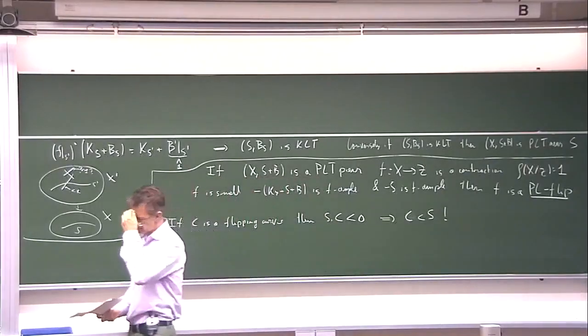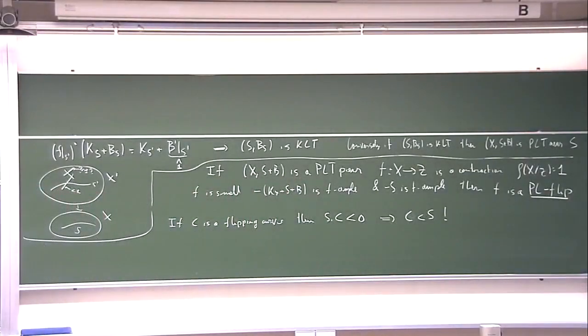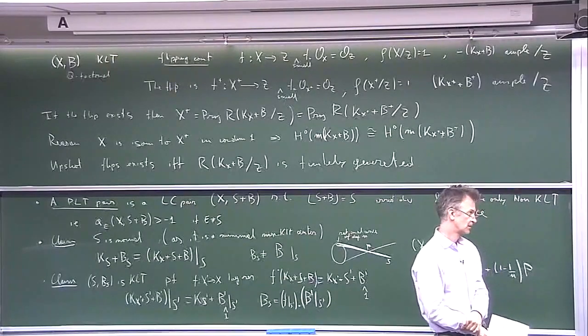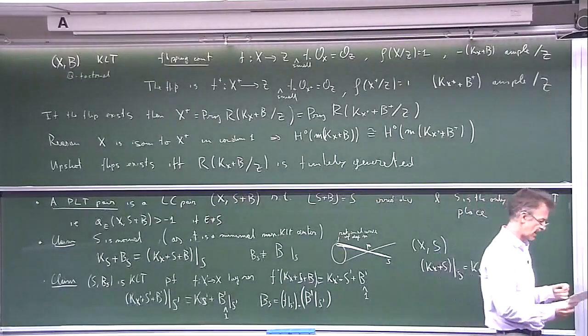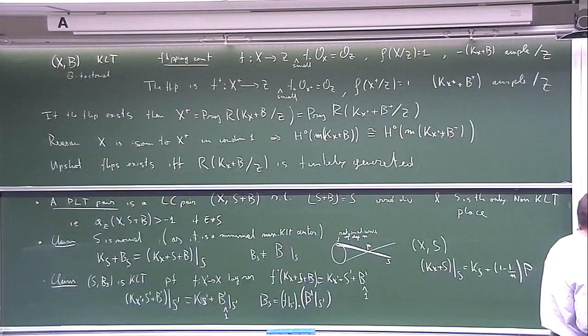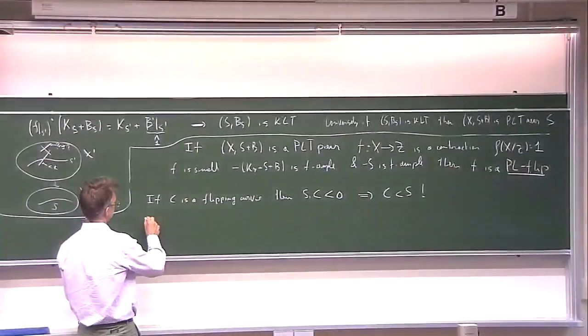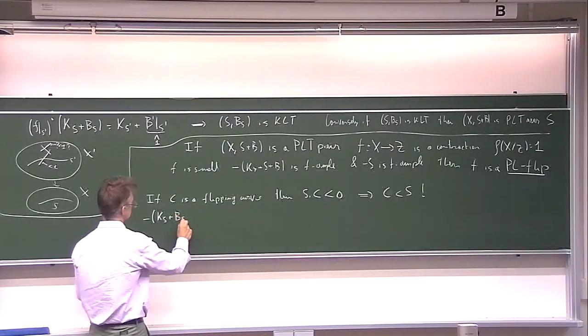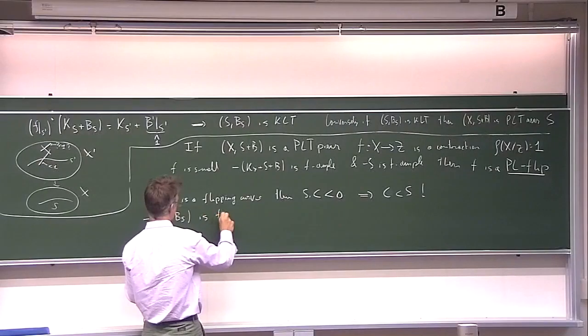So this special divisor sees all the information regarding the flip. Okay, and of course, if you do adjunction, you get that -(K_S + B_S) is f-ample.